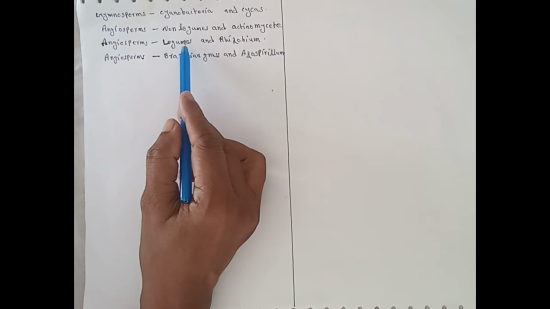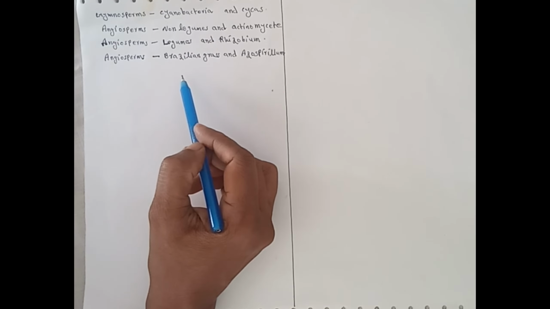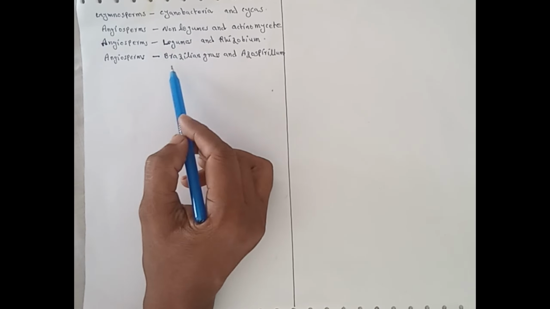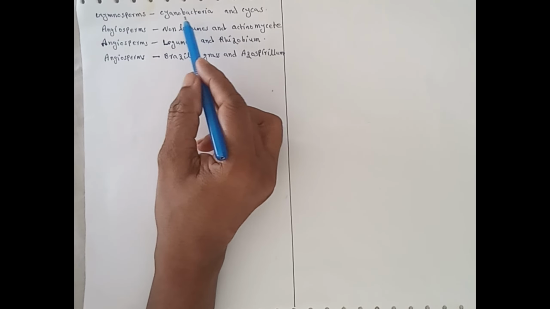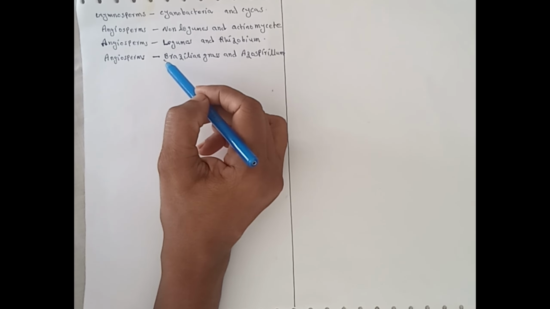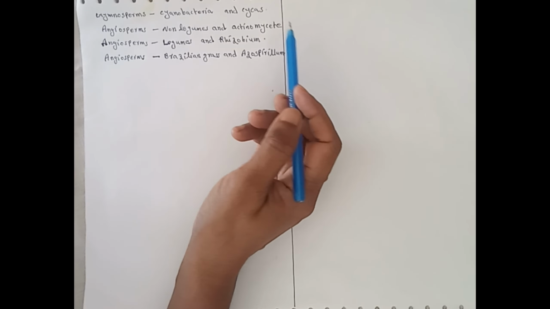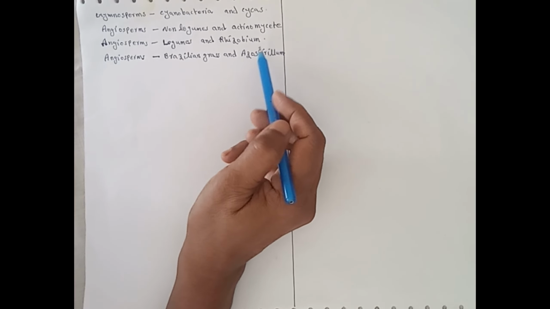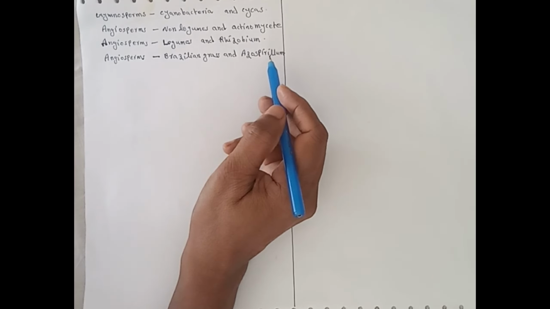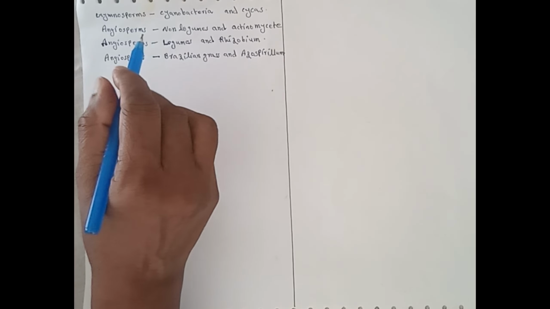Non-legumes, Brazilian grass and legumes. These are different types of angiosperms, collaborating with actinomycete, rhizobium and azospirillum. Now we discuss some symbiosis and their examples.